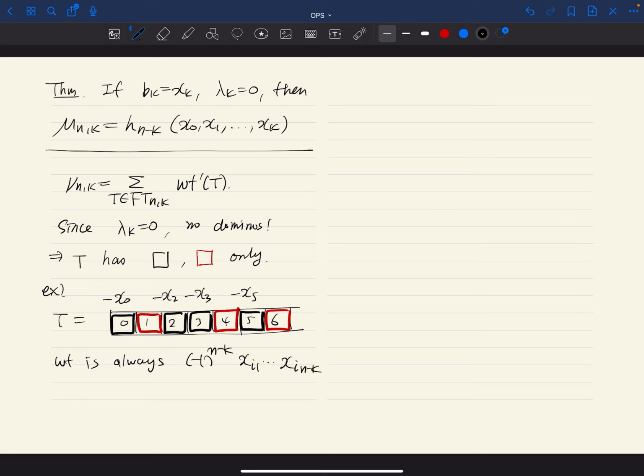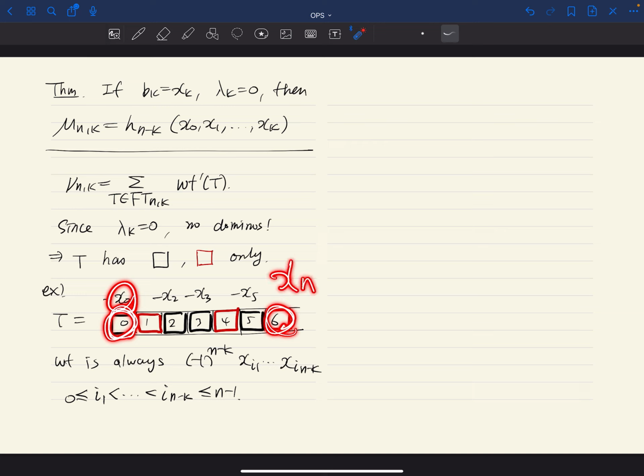We still have n minus k variables, but what are their indices? The indices must be strictly increasing because we cannot have the same indices, right? The smallest possible is x0, the largest possible is x_{n-1}. So we have this.